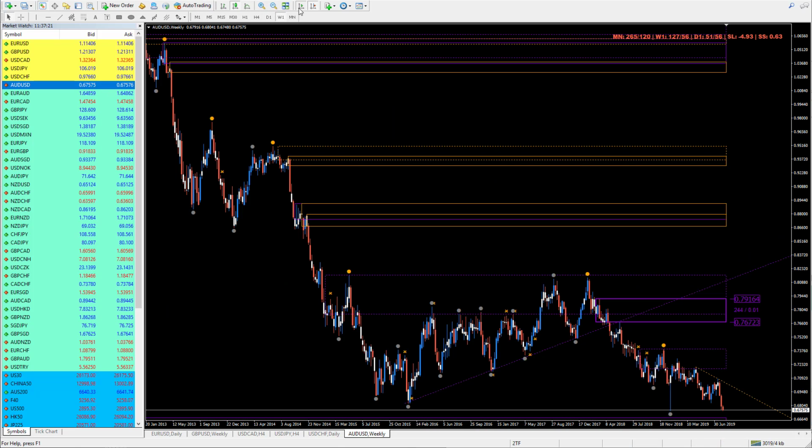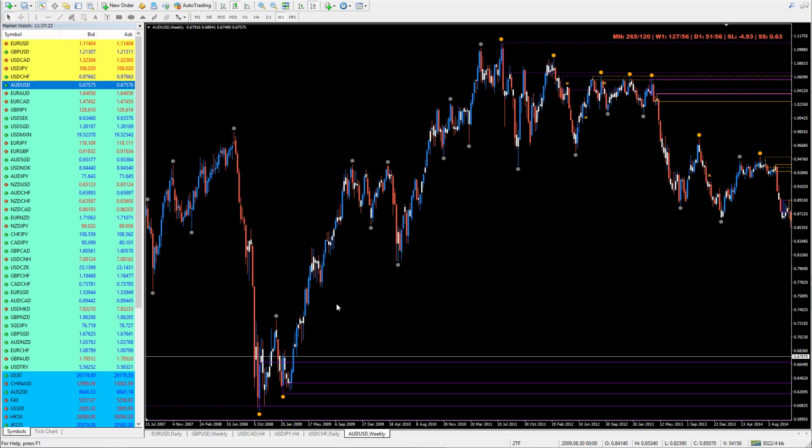If we have a look at this move here. So price came down, went up, came down, went up, came back, and this is the one that left. So we have the buying starts at the lows of this pullback, which is around here.